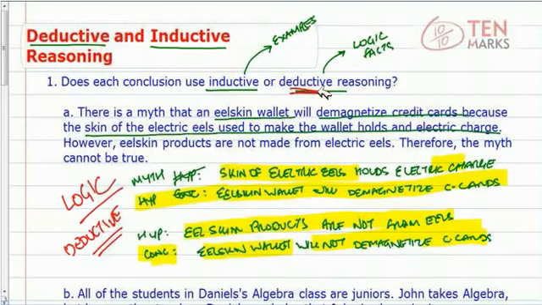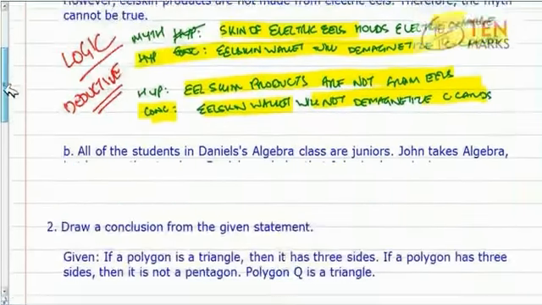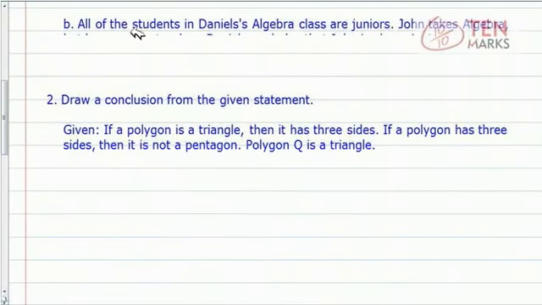Let's use the second example. Part B says all of the students in Daniel's algebra class are juniors, right? And John takes algebra. So what we know is John takes algebra, and we can say that all the other students in the class are juniors.